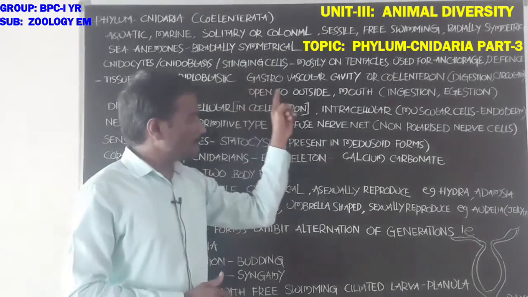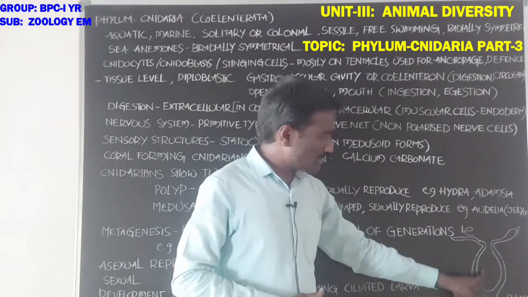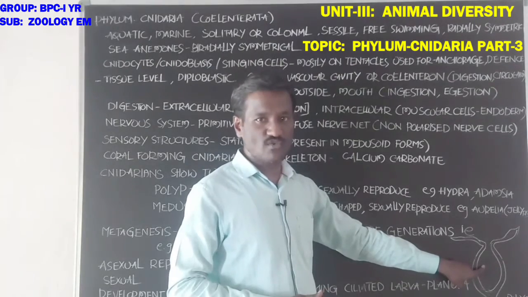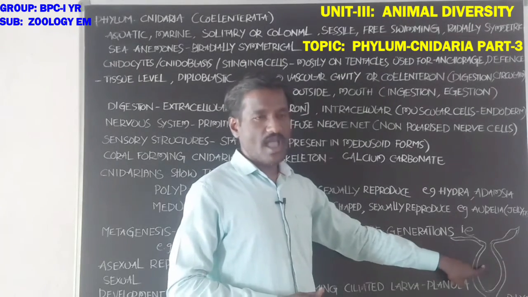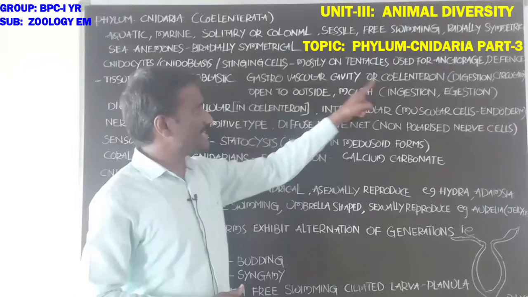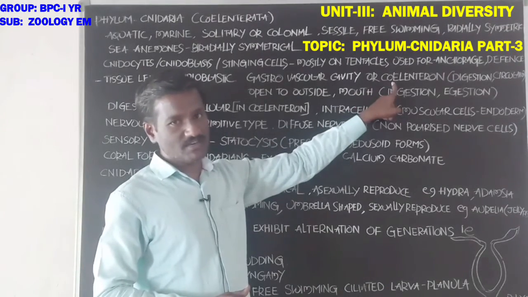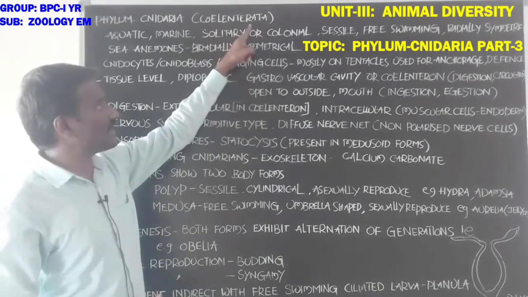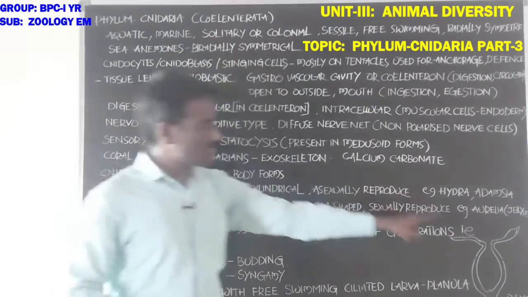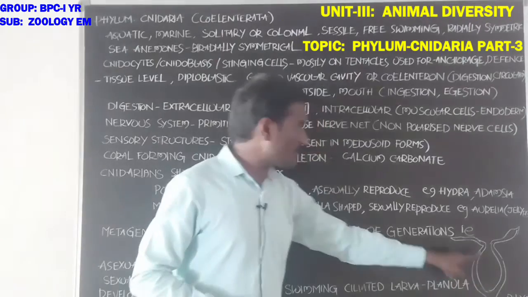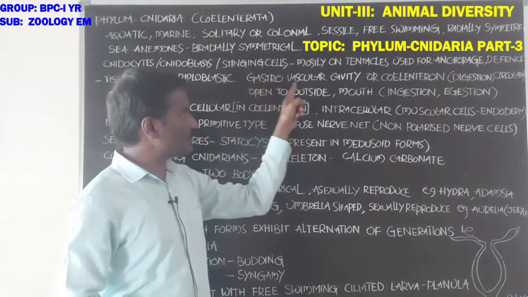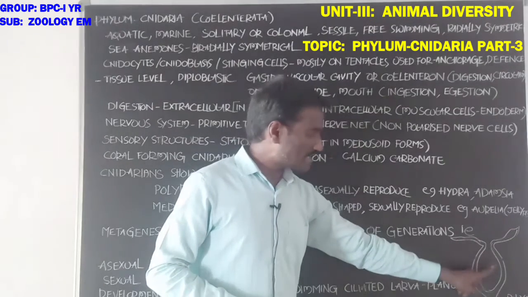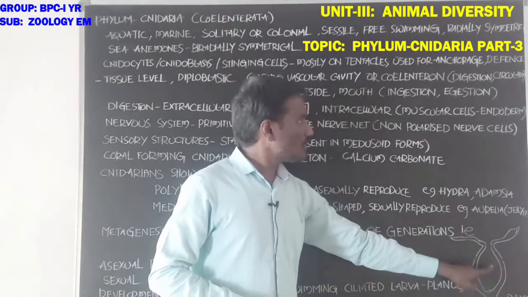Next, internally there is a cavity. This cavity is called the gastrovascular cavity, also called the coelenteron. Because of the presence of the coelenteron, the phylum name is Coelenterata.